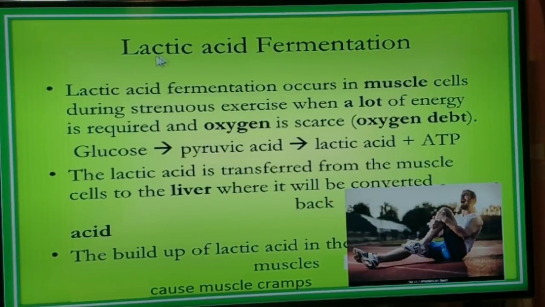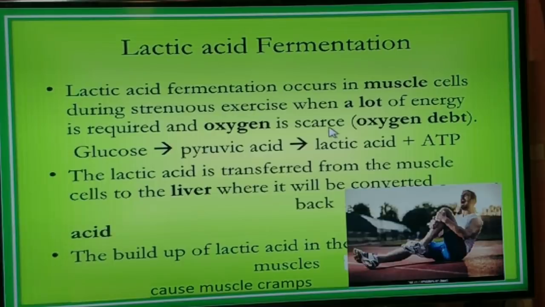We'll deal with lactic acid fermentation first. Lactic acid fermentation occurs in muscle cells during strenuous exercise, when a lot of energy is required and oxygen is scarce, meaning less. Glucose gets converted into pyruvic acid, and pyruvic acid gets converted into lactic acid, and a little amount of ATP is produced.